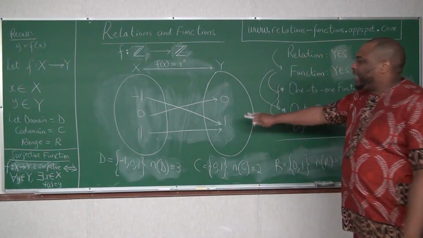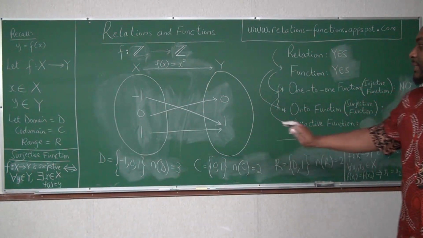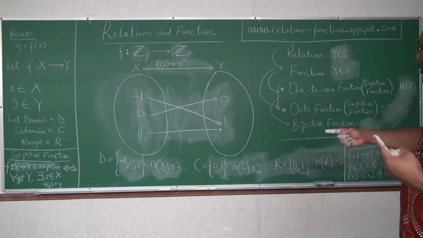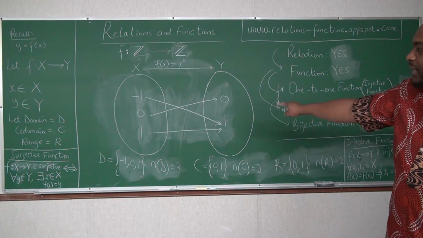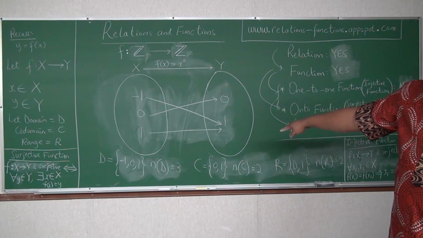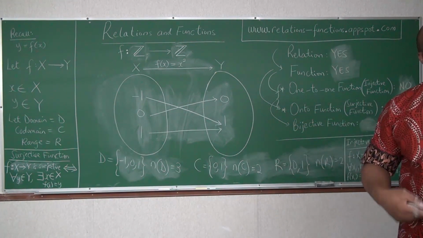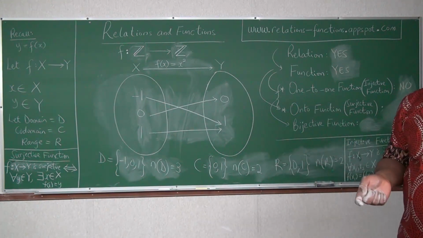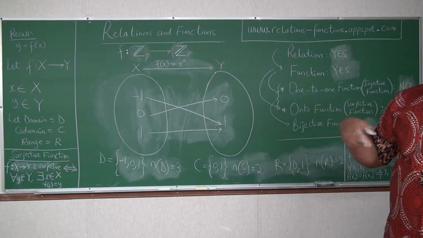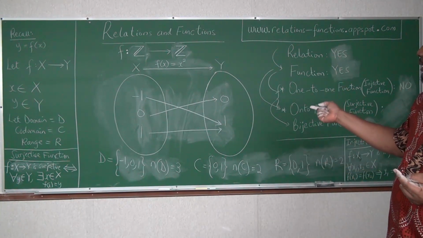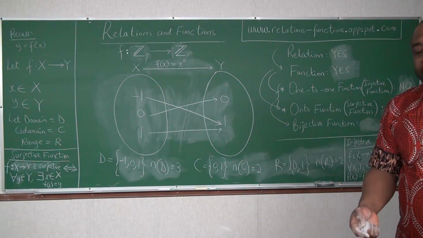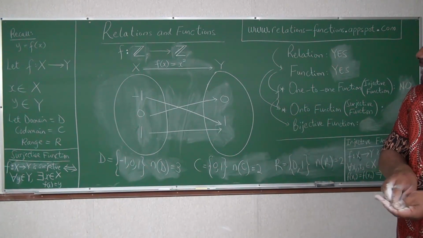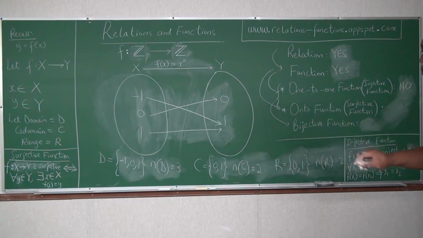Okay, so let's look at this here. The elements of the codomain, elements of Y, which are 0 and 1, are they the images of the input? And the answer is yes. 0 is an image of 0. 1 is an image of -1. 1 is an image of 1. So is this function onto?